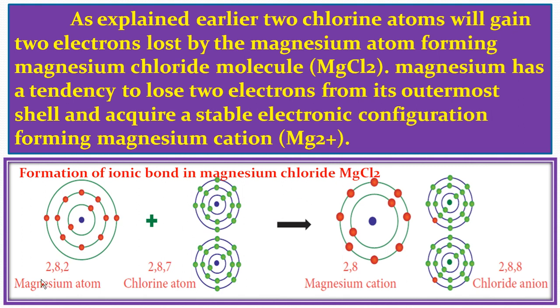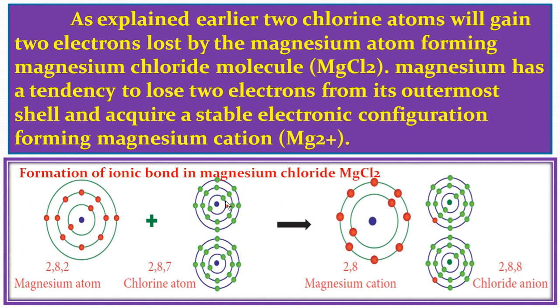Come to the picture, magnesium atom. Atomic number 12, electronic configuration 2, 8, 2. The first shell contains 2 electrons, the second shell contains 8 electrons, and the outermost shell contains 2 electrons, so there are 2 excess electrons. Now come to the chlorine atoms, first chlorine, second chlorine. The chlorine atom has the electronic configuration 2, 8, 7.